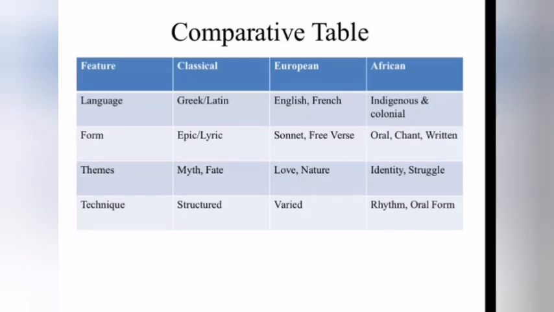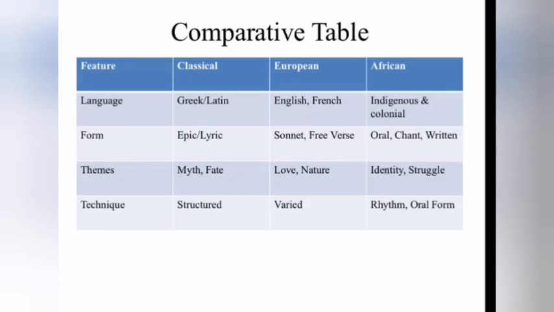For the European we have sonnet or free verse. Free verse in the sense that there's no particular structure or pattern that was followed. All right. So this free verse now falls under the modern era. Then for the African, we have oral, we have chants, we have written forms of poetry.